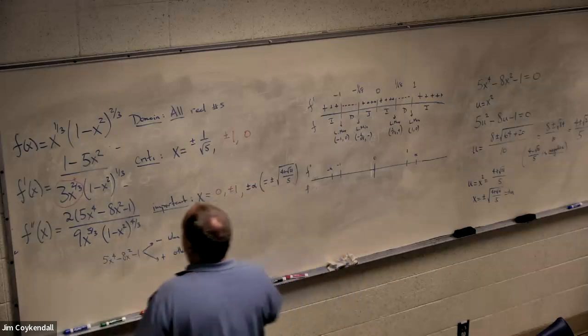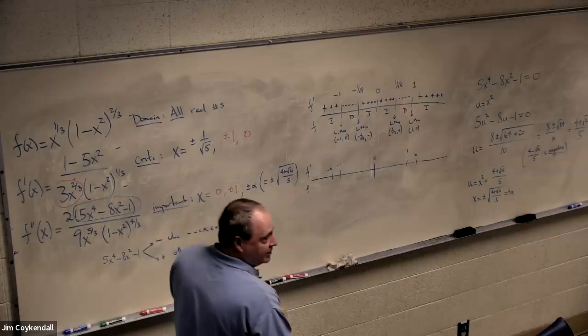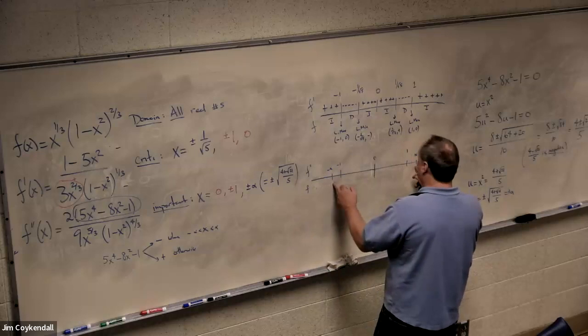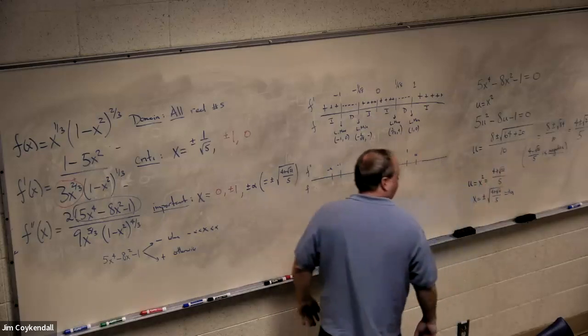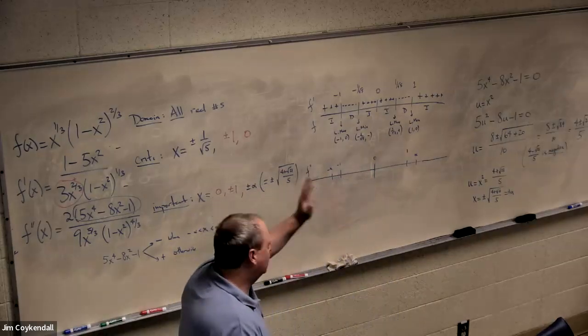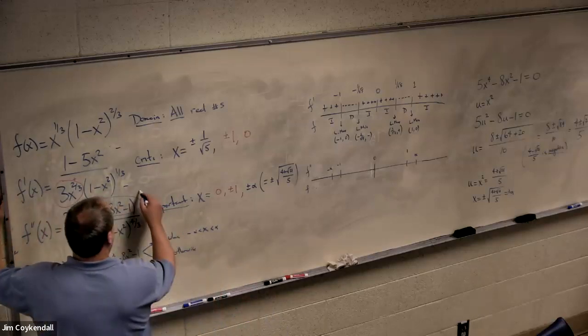So this big piece right here, which is the most intimidating, is actually positive, or I'm sorry, negative in between here and positive outside of it. So let's see what happens when you're to the right of alpha. If you're to the right of alpha, this is positive.